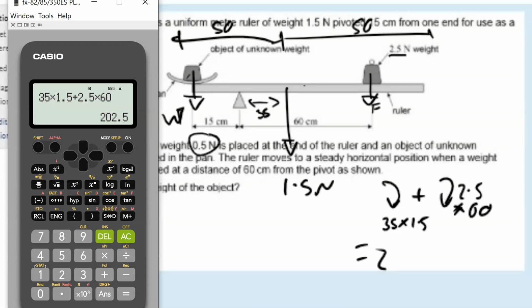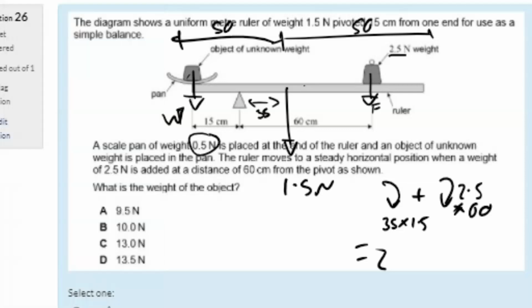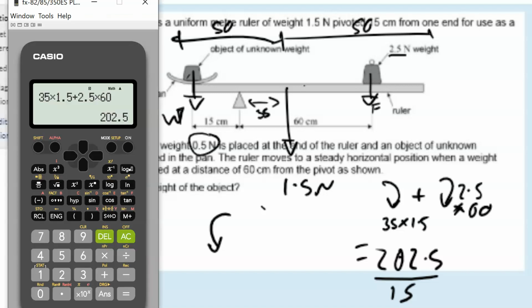Okay, so those clockwise moments are 202.5. So the anti-clockwise moments also equal that. So it's 202.5 divided by 15. It doesn't matter, we're keeping it all in centimetres, it's irrelevant. So divide that by 15.